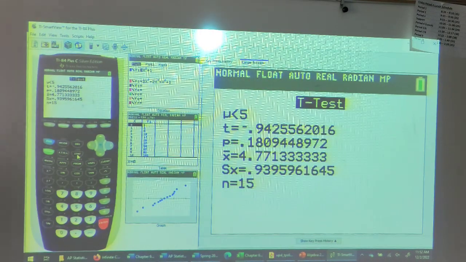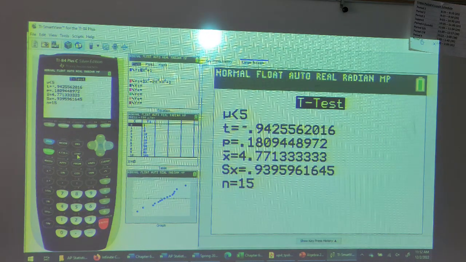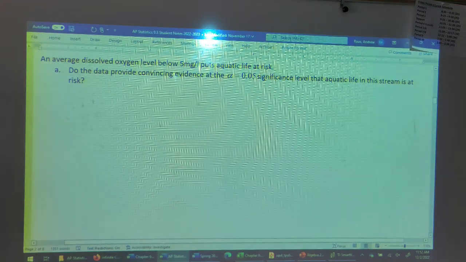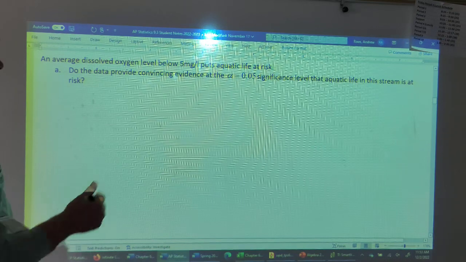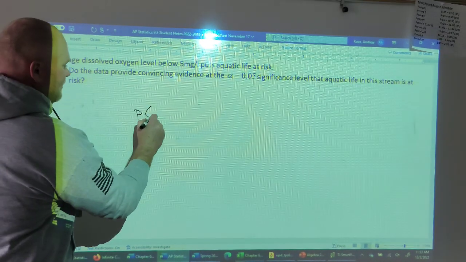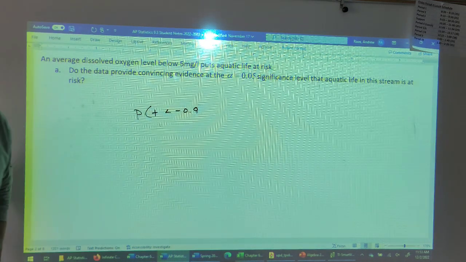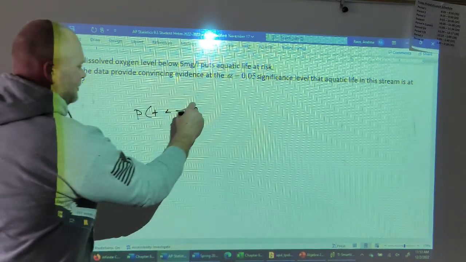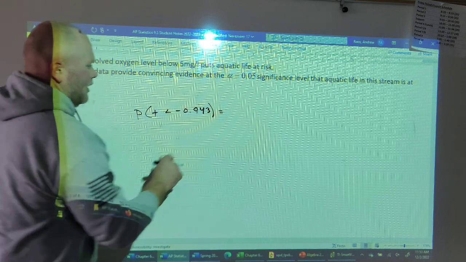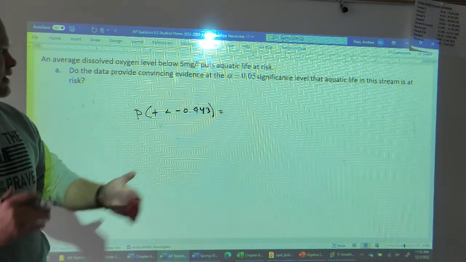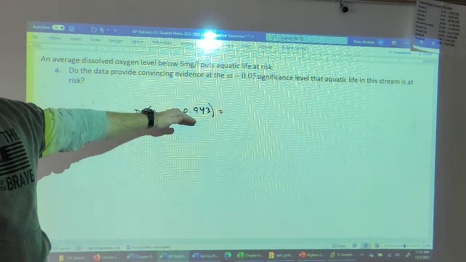Okay, something you're going to have to do, not for this question, but eventually for a multiple choice question, is, just given a sample size and a t-score, you're going to have to find probability.